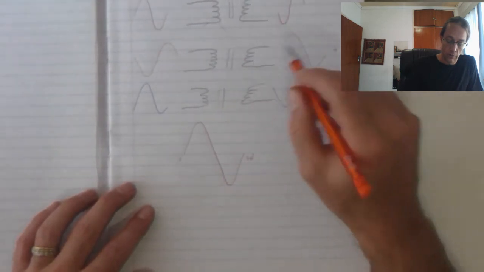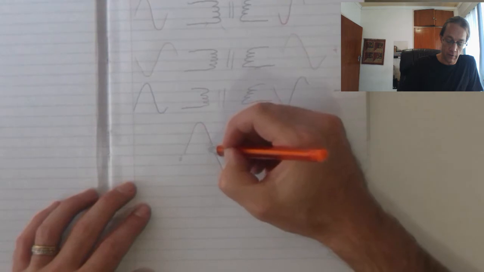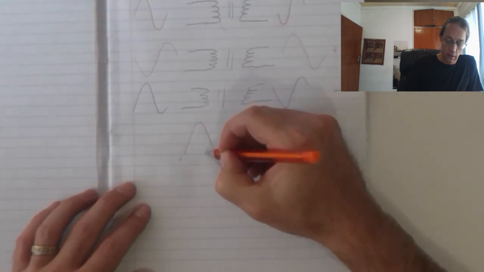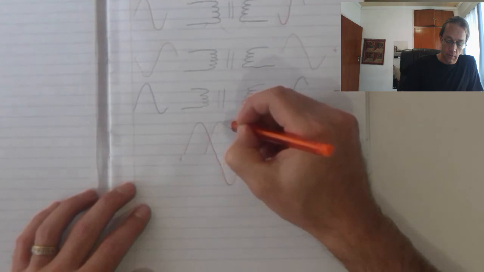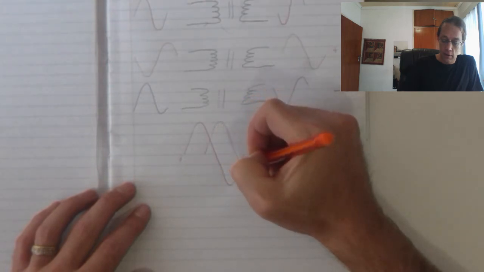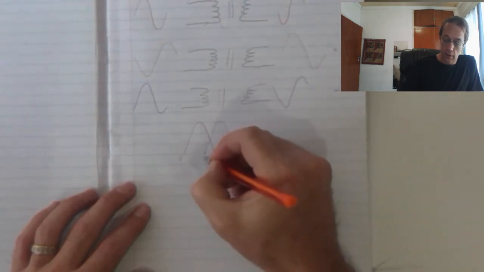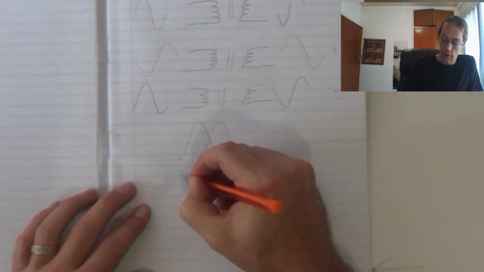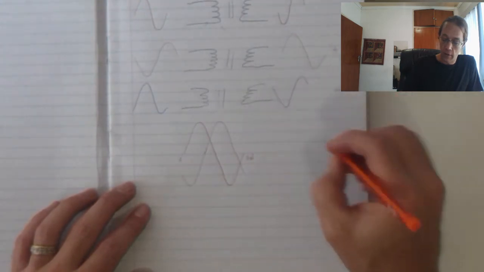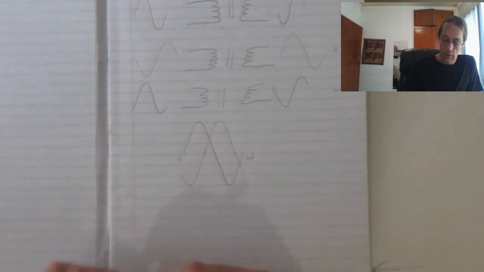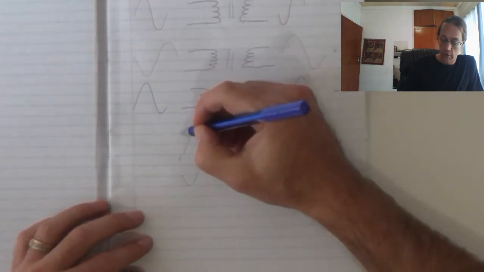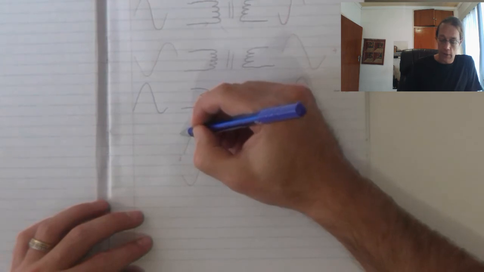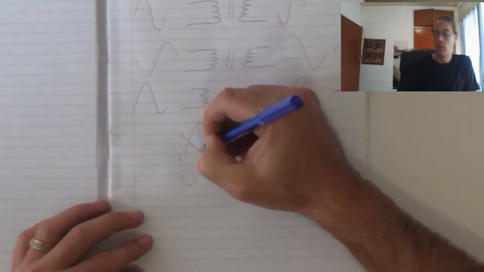My yellow phase, which is 120 degree phase shift, we will see starts approximately there, and it ends approximately there, and then my blue phase, or my third phase, will start over there.